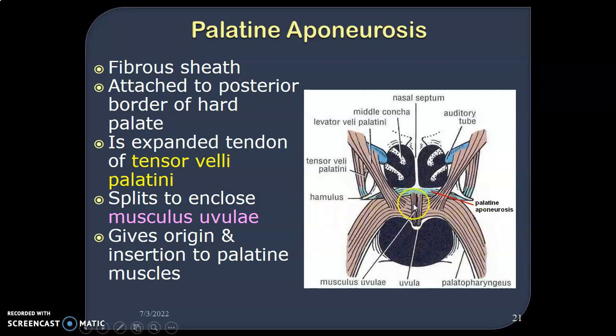Then the palatine aponeurosis splits to enclose muscularis uvulae, and it also gives an origin and insertion to the palatine muscles. So this palatine aponeurosis serves as origin and insertion for palatine muscles, including tensor veli palatini, palatopharyngeus, muscularis uvulae.